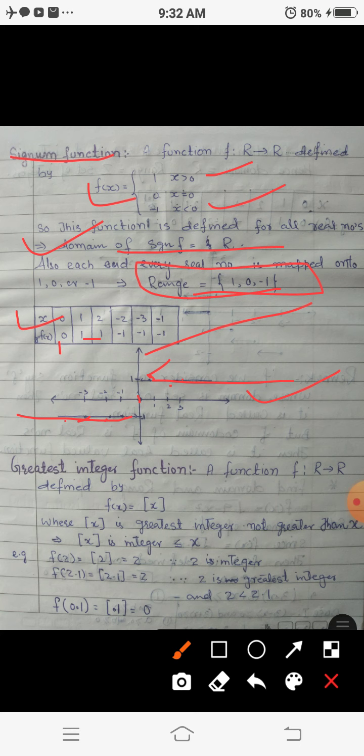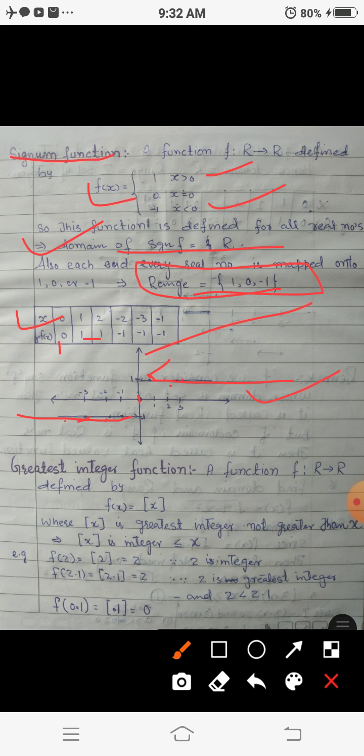So this horizontal line in the first or third quadrant never touches the x-axis, but it is very, very close to the y-axis. So this is the required graph of the signum function.